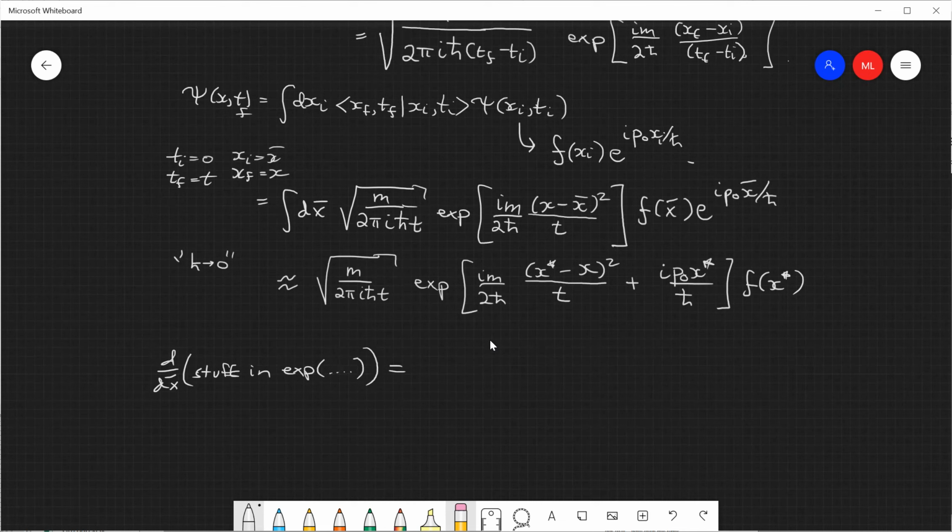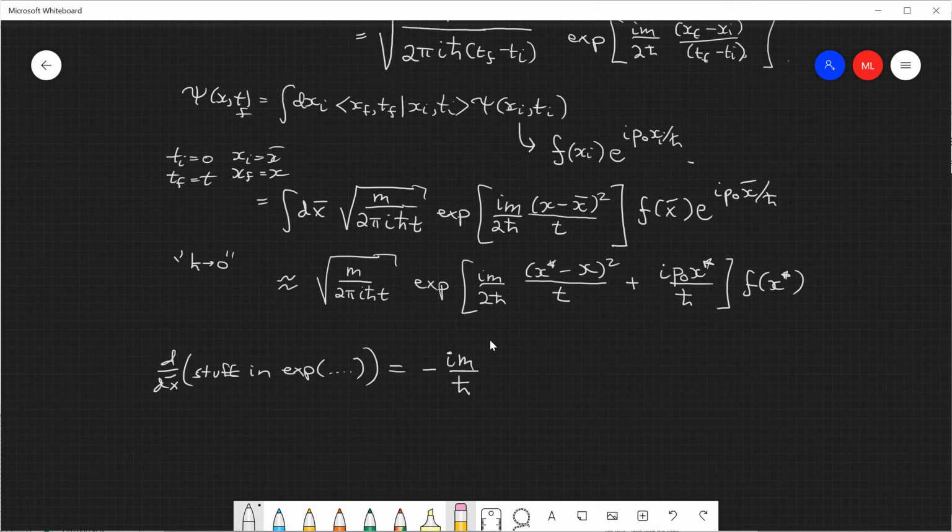And if we do that, then what do we get? Well, we get the derivative of this guy, which is 2 times x minus x bar, times the derivative of the stuff inside, which is -1. So from this term, we get minus i m over h bar.